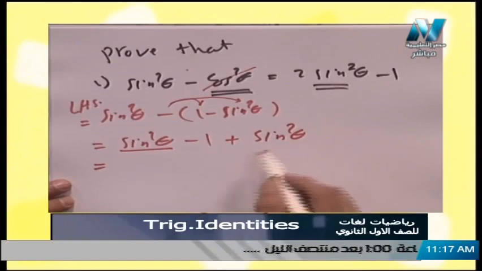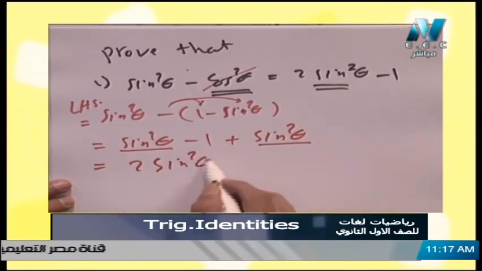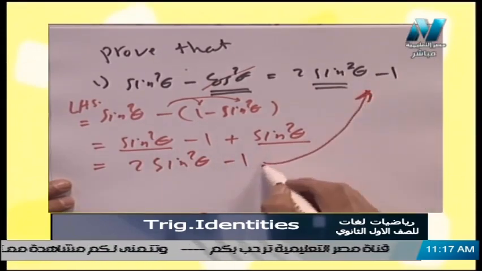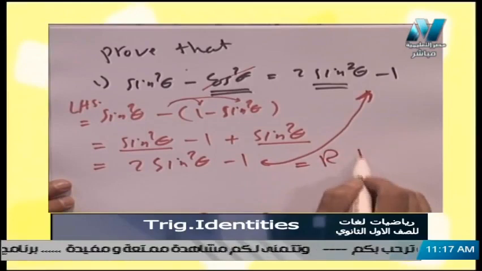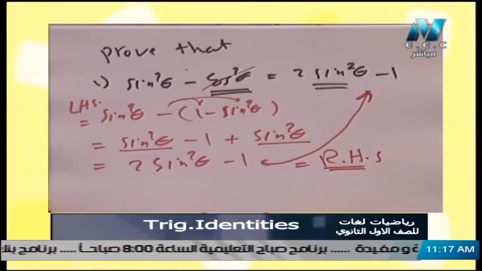So sine power 2 theta plus sine power 2 theta of course equals 2 sine power 2 theta minus 1, and this is the right hand side. The proof is completed. Let's move to another example quickly to have more examples.